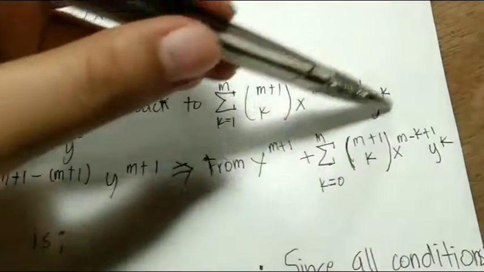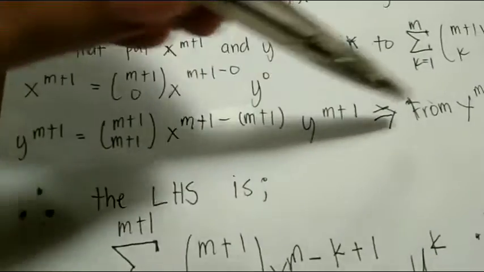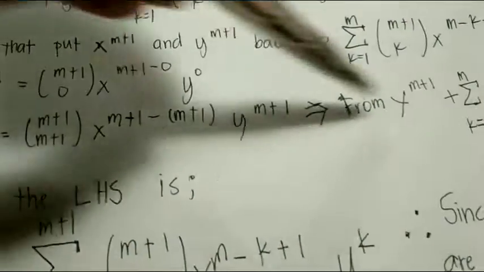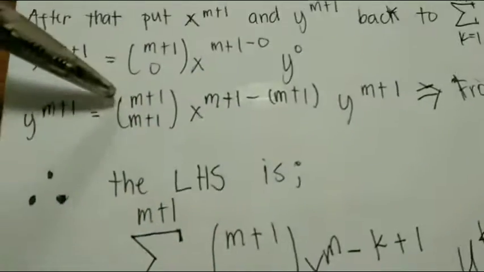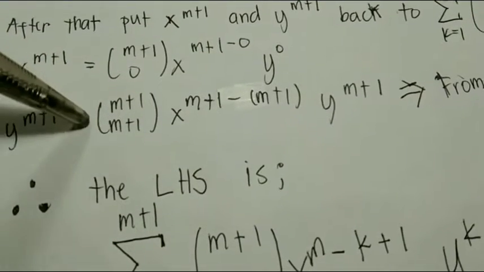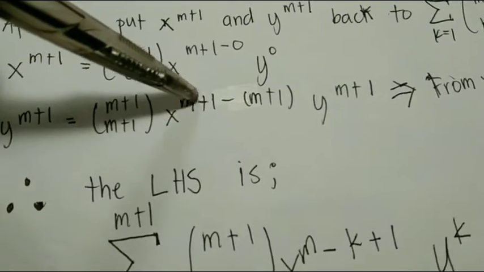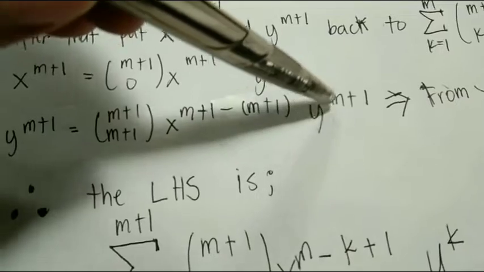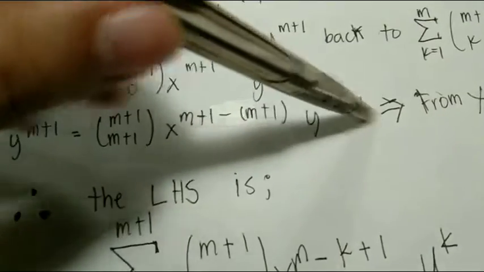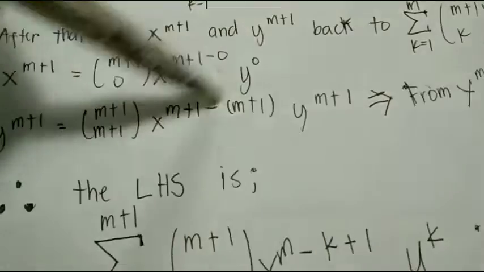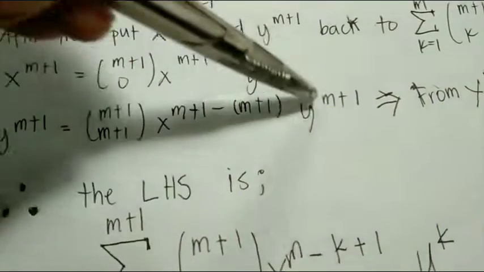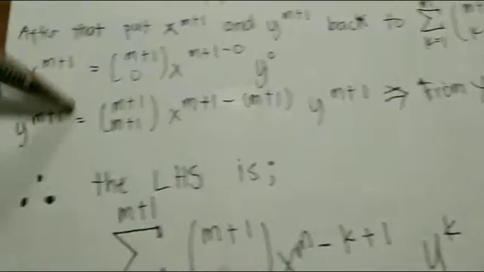So, y with the power of m plus 1 is equals to m plus 1 taken by m plus 1 of x with the exponent of m plus 1 minus m plus 1, and y with the exponent of m plus 1. That was taken out, so what remains is this.